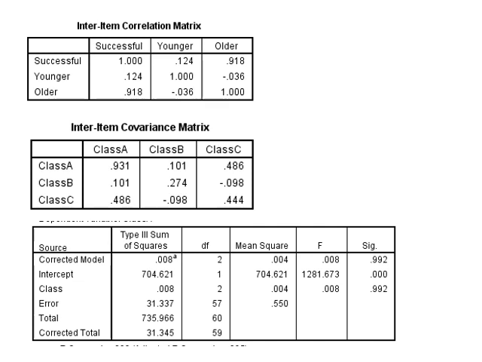However, if we actually look at the intra-class correlation, the intercept, we find that there's a fairly strong pattern there, that the patterns of successful, younger and older are different. Not different in their means, but different in their patterns and similar in their patterns. And specifically, if we look at successful people versus younger people, a very mild correlation.